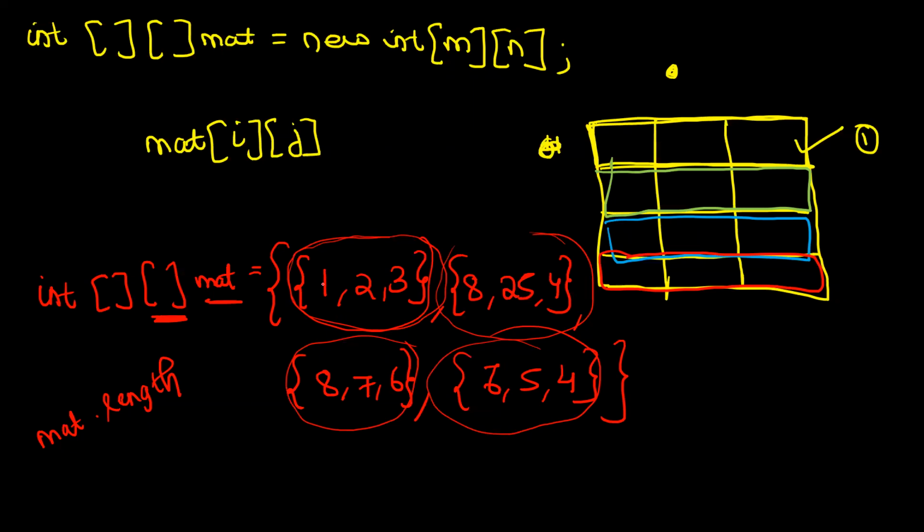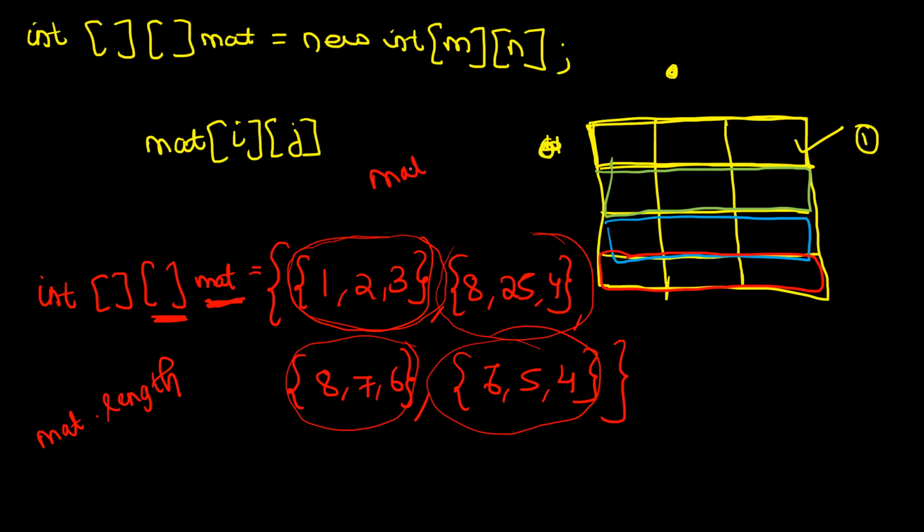And you all understand, right? The number of one-dimensional arrays is nothing but the number of rows. So whenever you do a mat dot length, you know that it will tell you how many rows you have in your matrix. And if I want to get the number of columns, how will I get it? This is a 2D array, right?